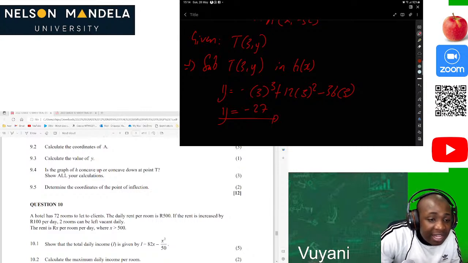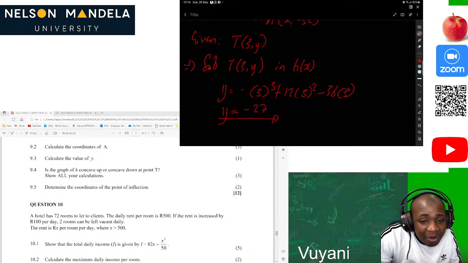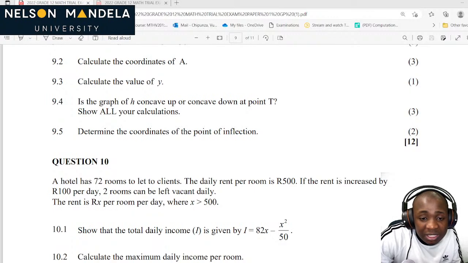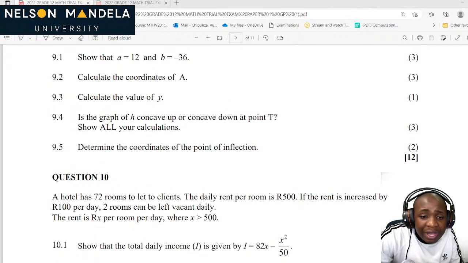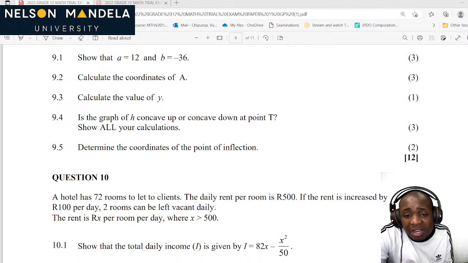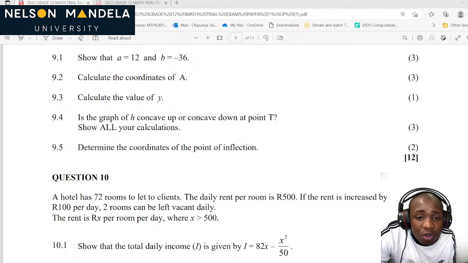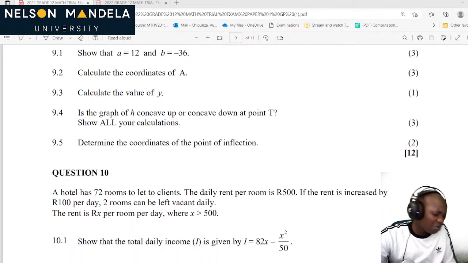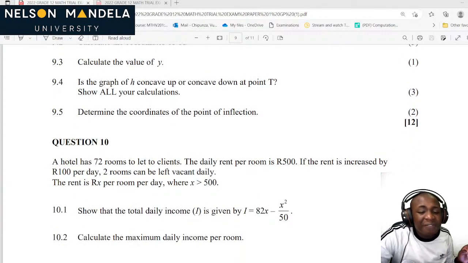All right, now let's look at 9.4. I love this. We are cruising so well. Now, in the graph of h, is the graph of h concave up or concave down at point T? Show all your calculations, which means we are now looking at what we call the point of inflection.